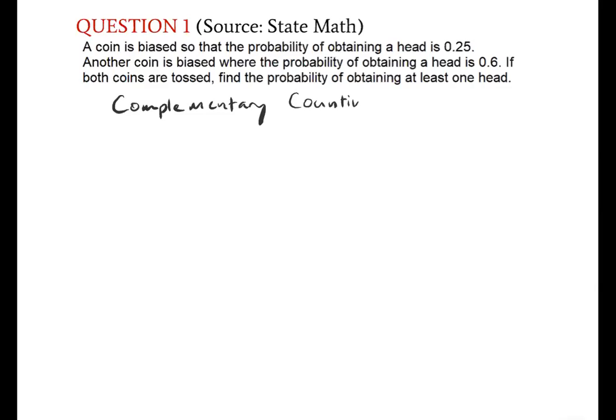So basically what complementary counting is, you take the probability of everything, which is just 1, and then you subtract the probability of what you don't want. This is also called the complement of what you want.